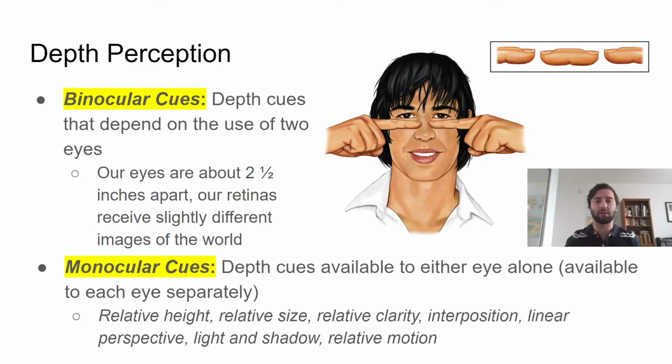You can do that really simply. If you hold something up to your face and close your eyes back and forth, and then you look at a picture on your wall and do the same thing, the picture on the wall isn't going to move as much as the thing that's right next to your face. So our brain is doing a little calculation to determine, okay, this is really close, this is far away. So that's one way of depth perception, a binocular cue.